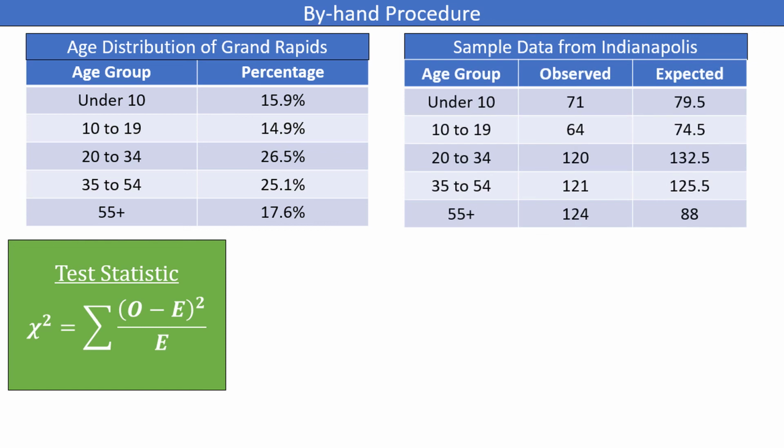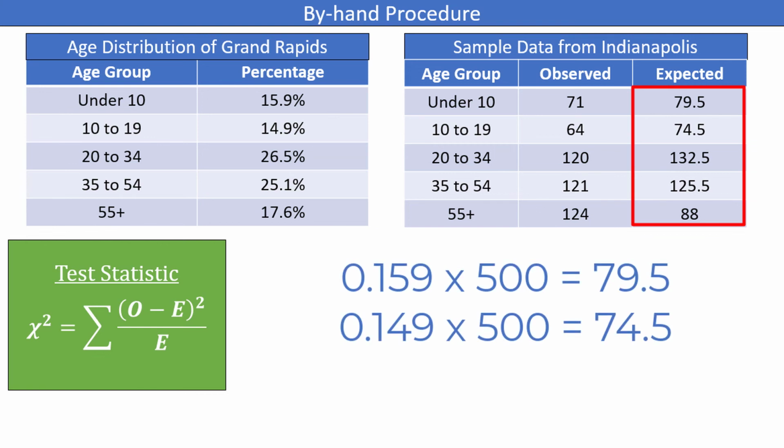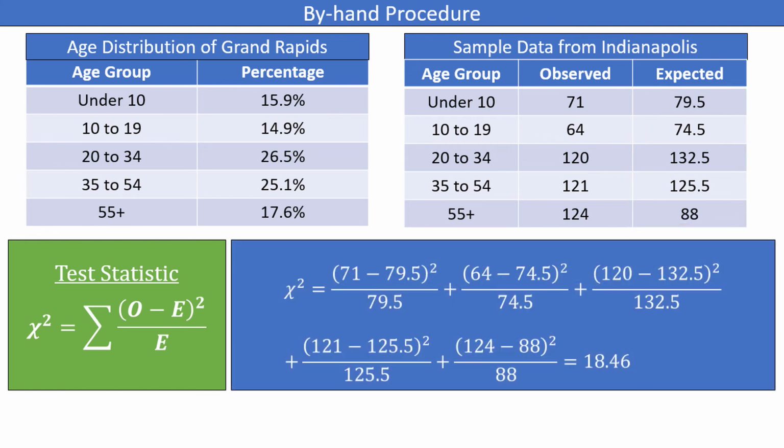Here are the expected values that we calculated before on the calculator, which you would need to do by hand. Remember, we got these by taking the percentages and multiplying by our sample size of 500. So 0.159 times 500 got a 79.5, 0.149 times 500 got a 74.5, etc. This is what the calculation looks like for us for the chi-square test statistic.